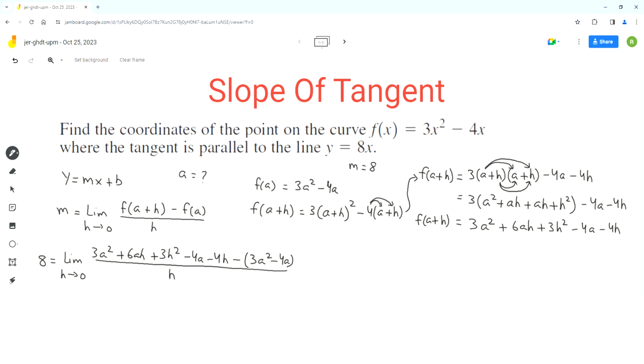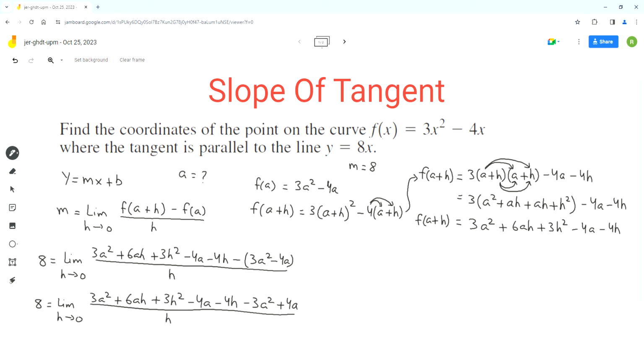Now we can simplify this expression by getting rid of these parentheses. We have to distribute the negative into the parentheses, so the signs of the terms in the parentheses will change. So we get 8 equals limit h approaches 0 of 3a squared plus 6ah plus 3h squared minus 4a minus 4h minus 3a squared plus 4a, over h.